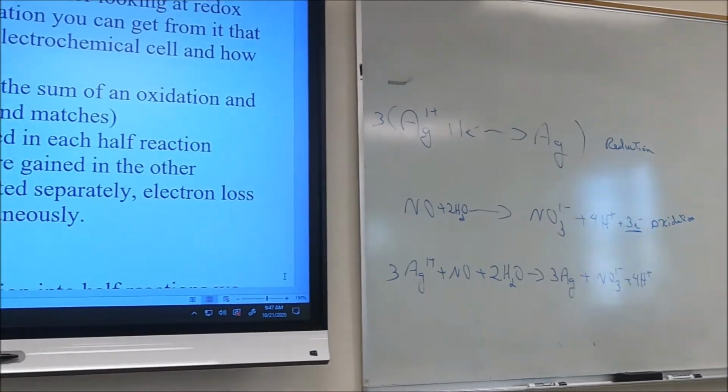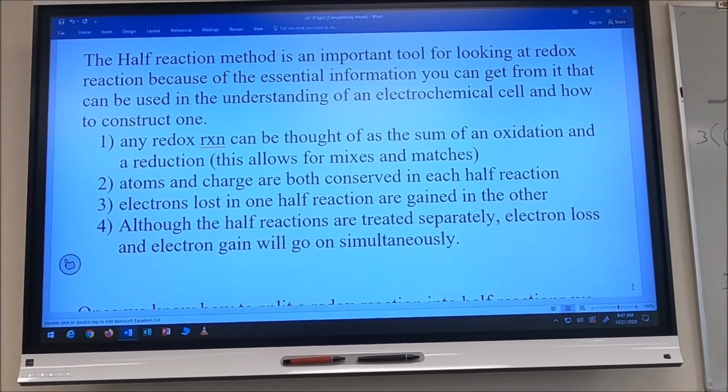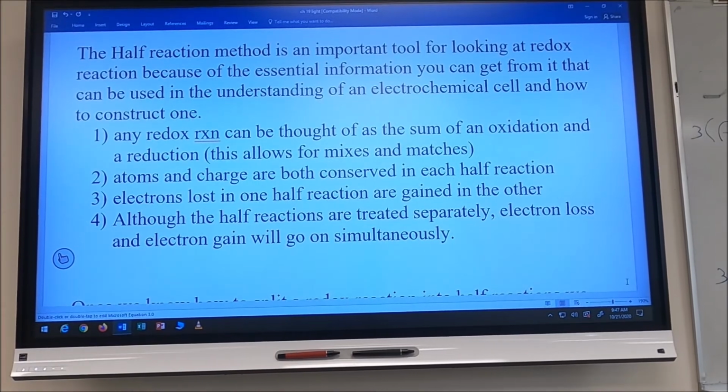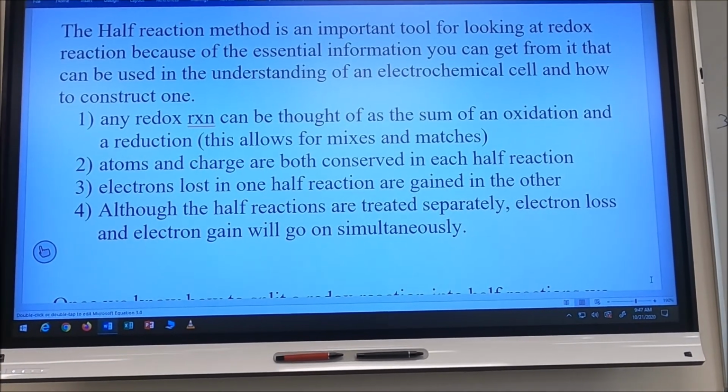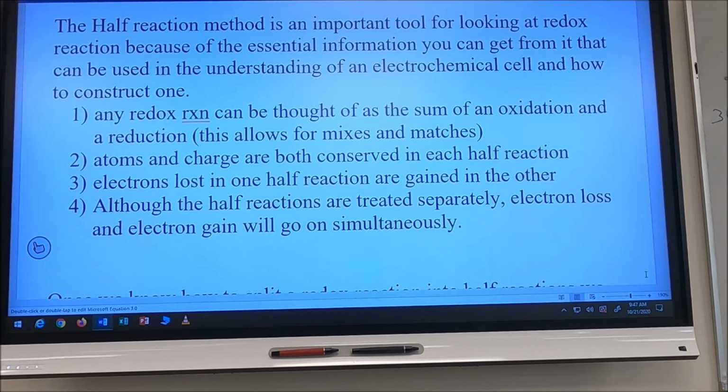Okay? So the half reaction method is important for us as we look at developing redox chemistry. It's going to be essential information in helping you decide how to build an electrochemical cell. Okay?